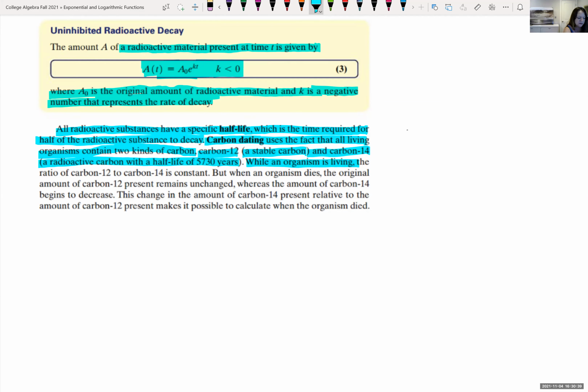While an organism is living, the ratio of carbon 12 to carbon 14 is constant. But when the organism dies, the original amount of carbon 12 remains unchanged, whereas the amount of carbon 14 begins to decrease. This change in the amount of carbon 14 relative to the amount of carbon 12 makes it possible to calculate when an organism died.